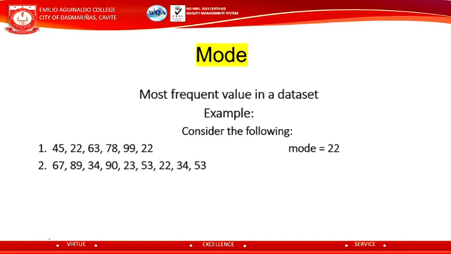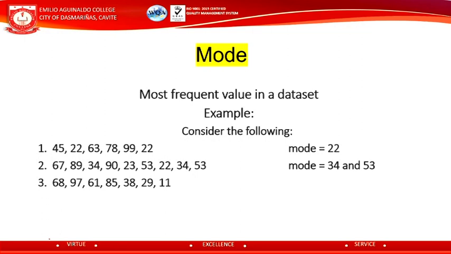So like what I've said in our previous discussion, we can have multiple modes provided that they have the same frequency of occurrence. So here we have 2 modes in problem number 2, since 34 and 53 have the same frequency.